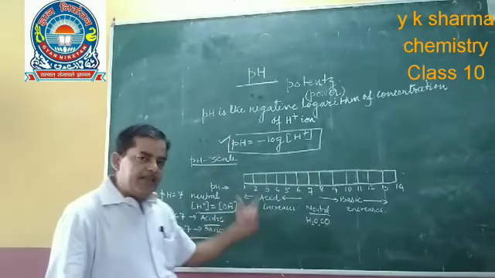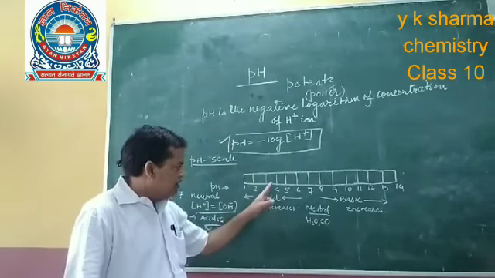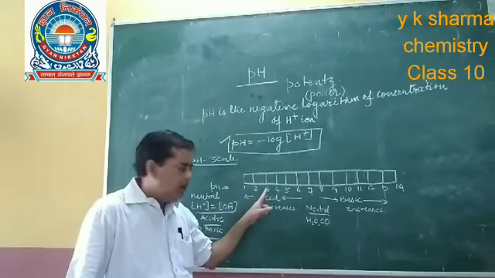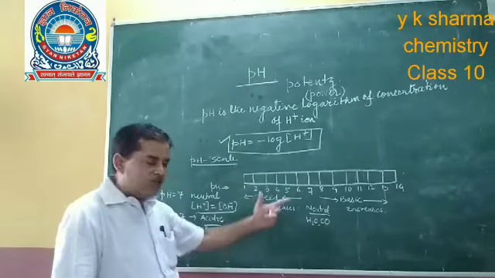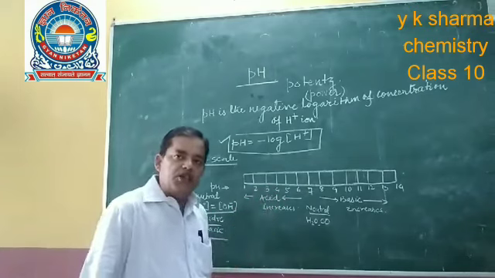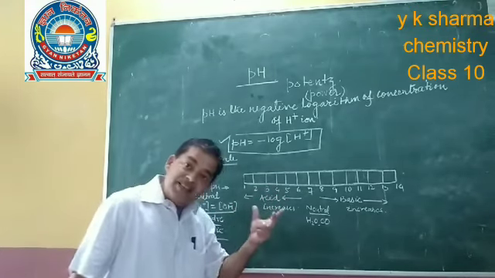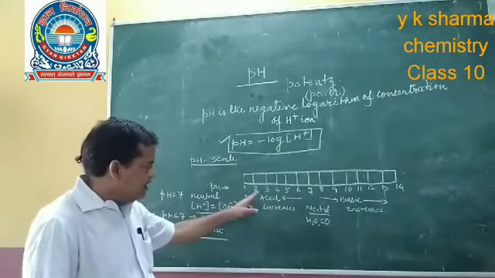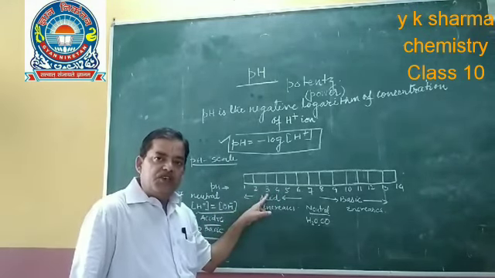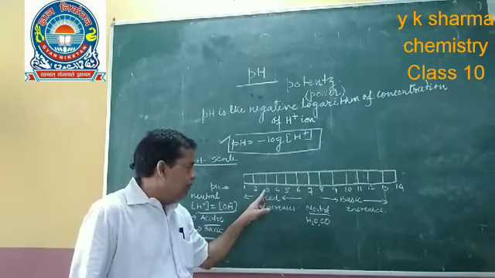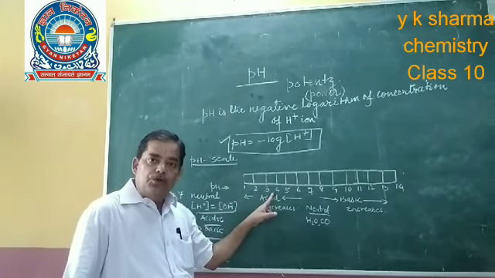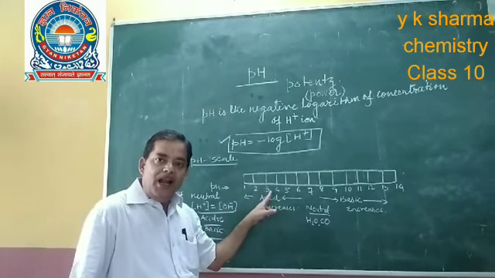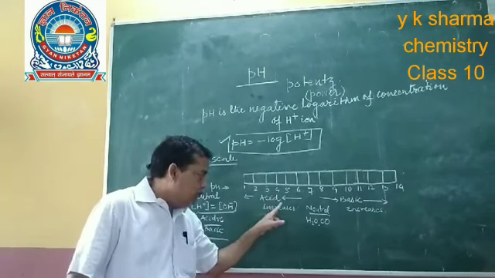Now one question arises: a substance A has pH 3 and another substance B has pH 4. Which one is more acidic in nature? On the basis of this pH scale, pH 3 is more acidic than 4, so substance A has more acid.